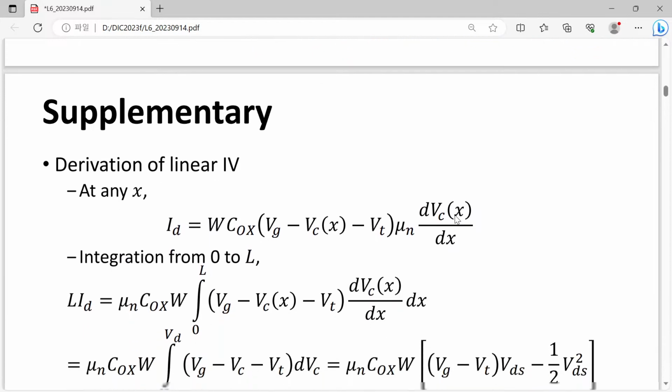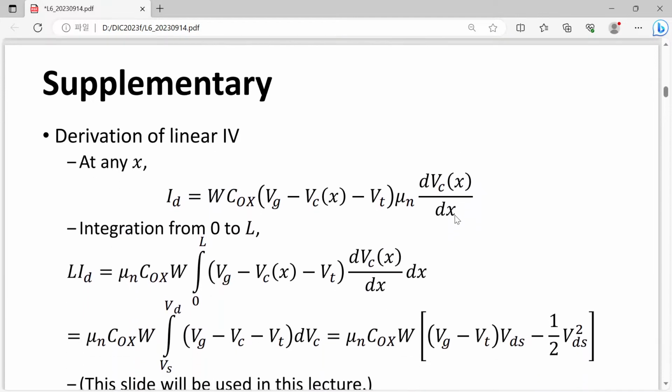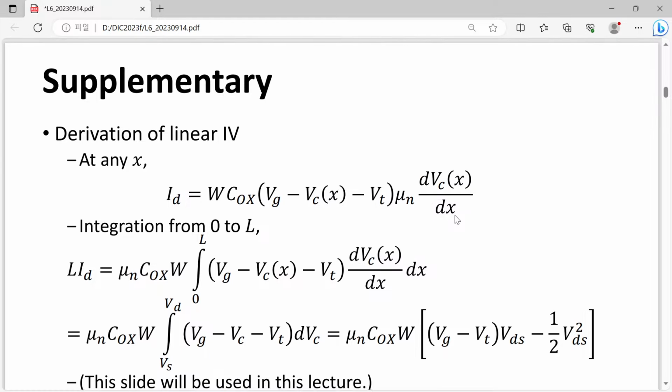In the previous lecture, the derivation was not completely shown because I gave you just a qualitative explanation. So I wanted to give the full description of the derivation procedure. At any position x, from 0 to L, wherever you are, you have the channel potential and gate overdrive voltage.